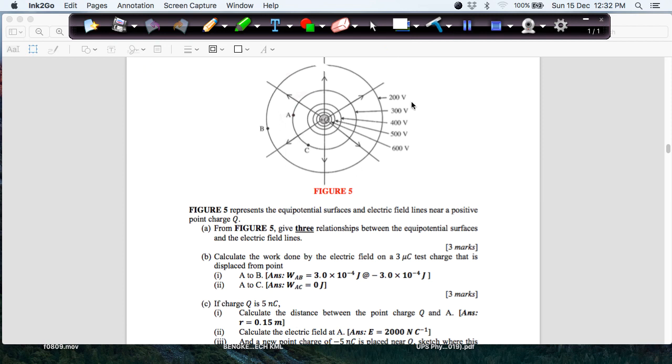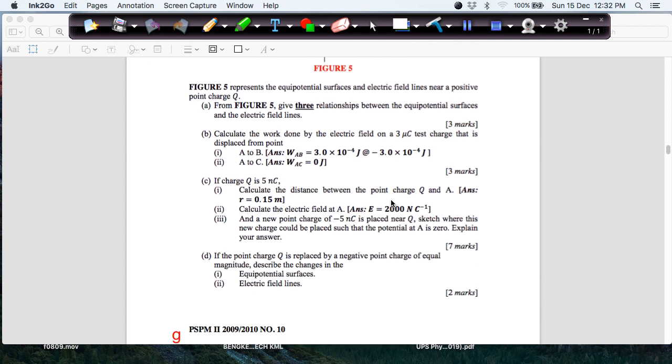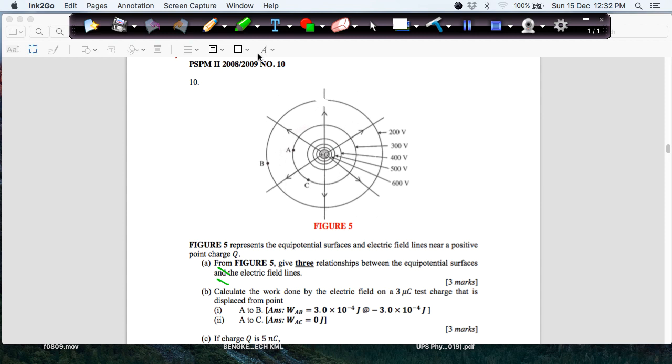And the last question is, if the point charge Q is replaced by a negative point charge of equal magnitude, describe the change in the equipotential and electric field. We started with a positive charge, and the electric field produced by the positive charge is outward.